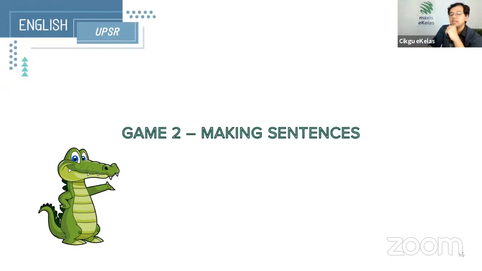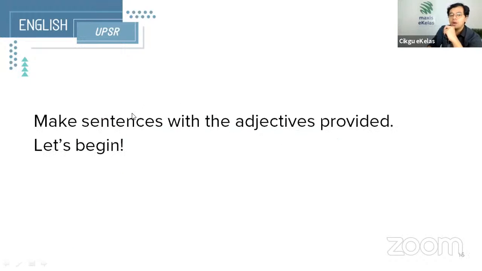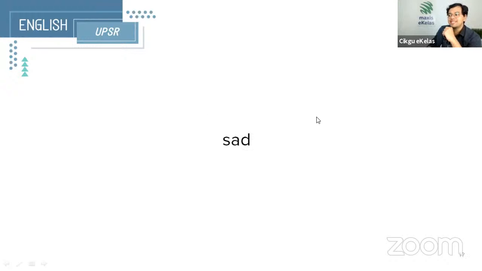All right, so the second game is game 2, making sentences. We just spent some time building adjectives. Now we're going to build sentences with the adjectives provided. All right, let's begin. So we have the words sad, beautiful, shy.